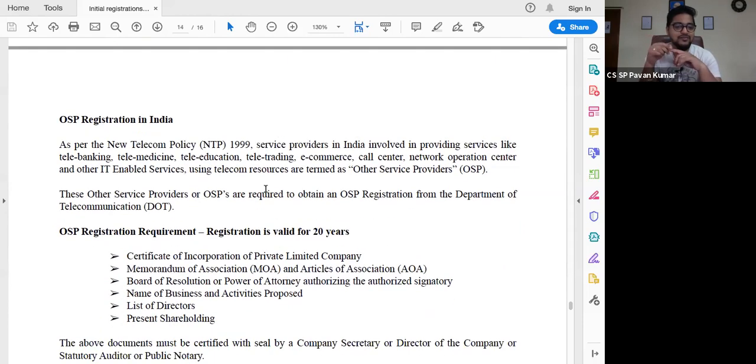So if I am any one of these telecom related companies, then registration under TRAI becomes mandatory. There's also something called other service providers, where I'm going to deal with e-commerce, e-banking, e-trading, e-education, e-medicine. Whenever I'm going to do anything online, I have to get this other service provider registration done from the Department of Telecommunication.